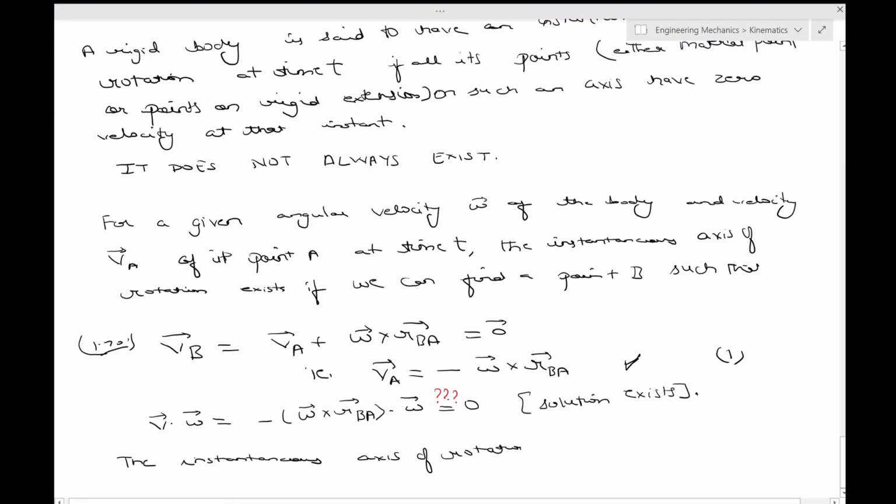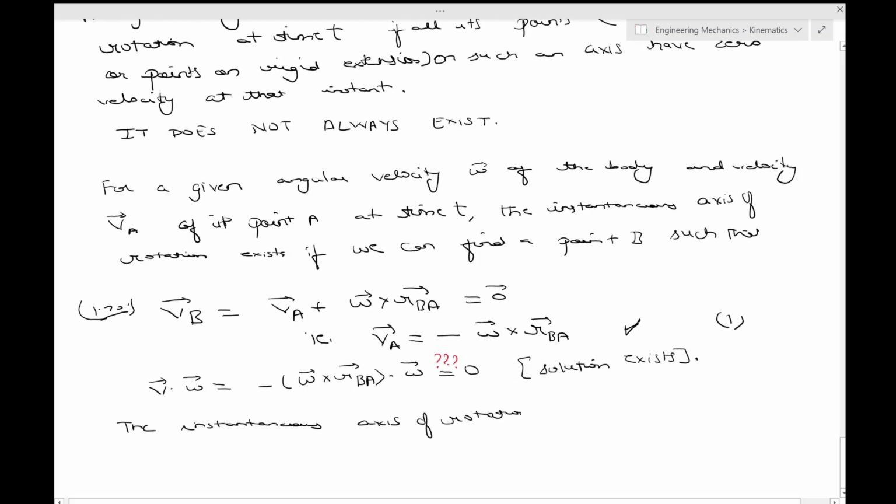You have to tell why that is equal to 0. So the instantaneous axis of rotation exists only if VA dot omega is equal to 0.